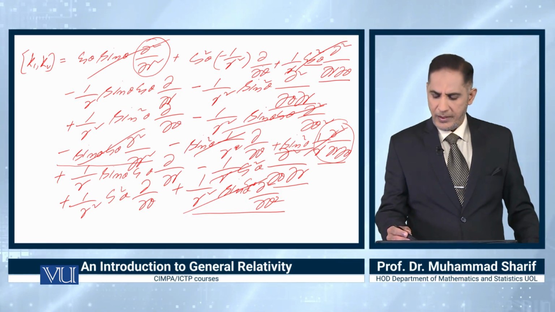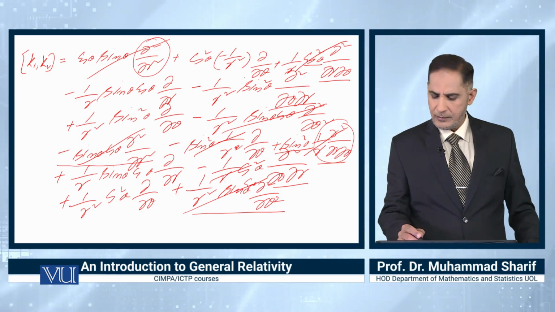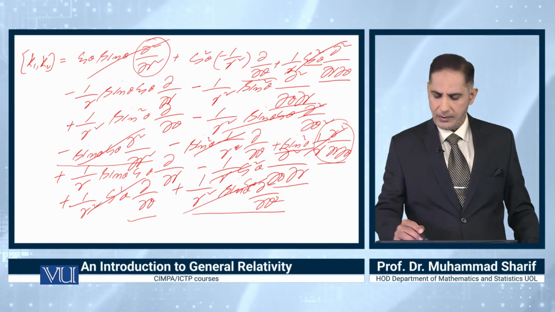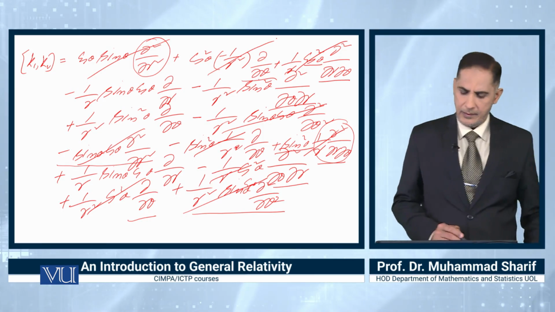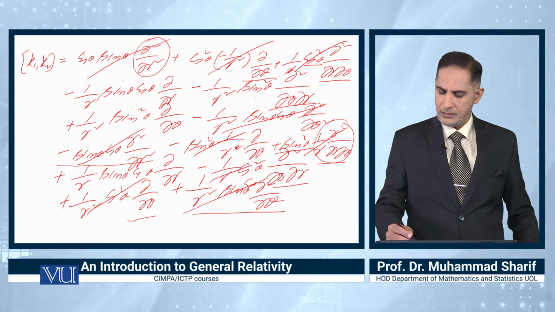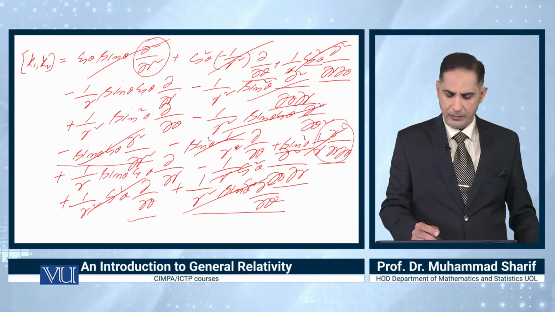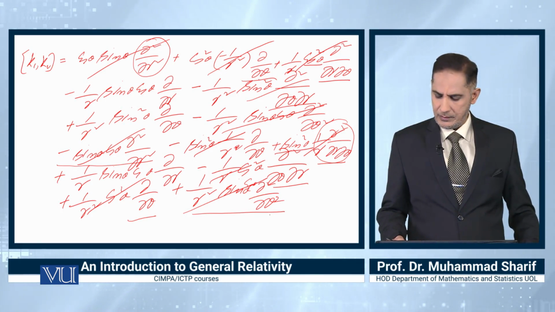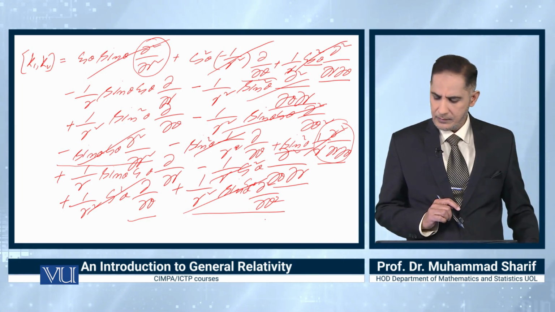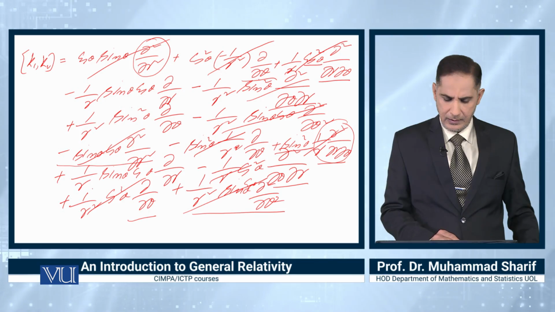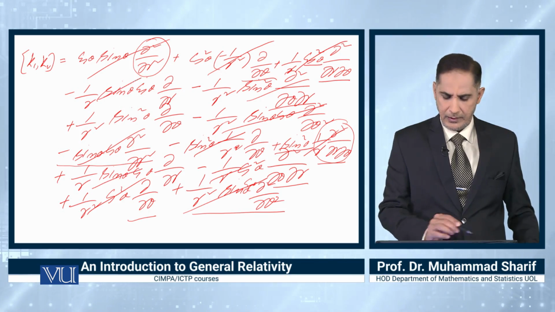Now if we check partial by partial theta, here partial by partial theta and here partial by partial theta, this will cancel out. And next this also cancels out. We have partial by partial r, here it is, and then it will be somewhere here. It will cancel, positive, negative.